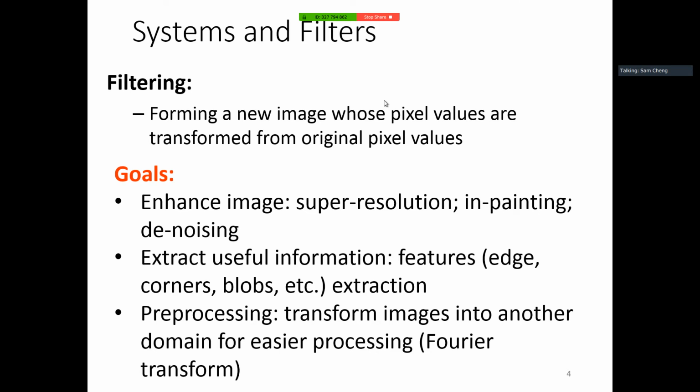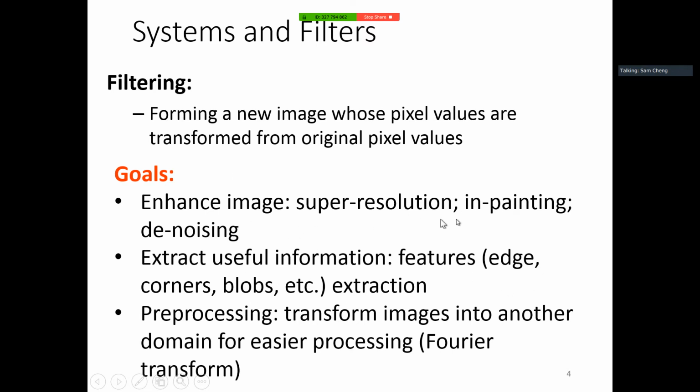For example, filtering out noise is an application for enhancing images, and it can also be used in super resolution, inpainting, and so on. You can also use filters to extract useful information, for example edges, corners, and blobs. We will talk about that maybe later on, not this class.